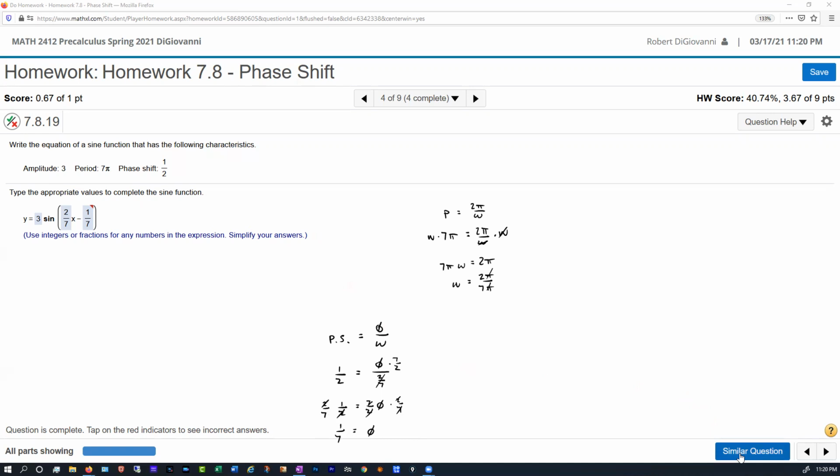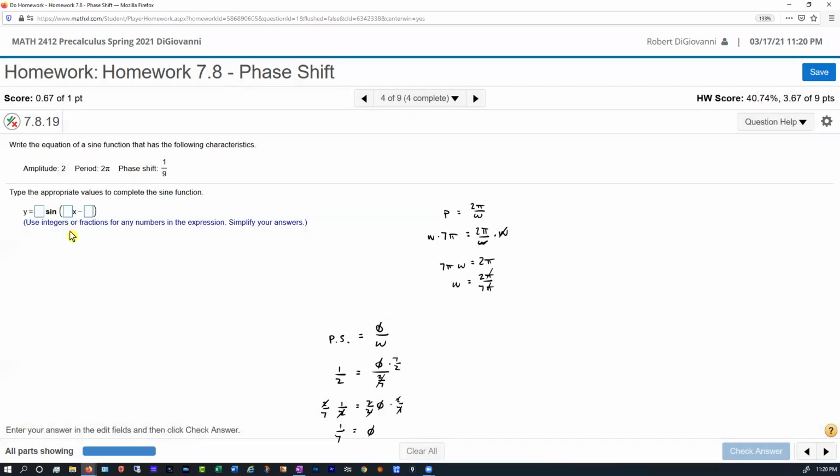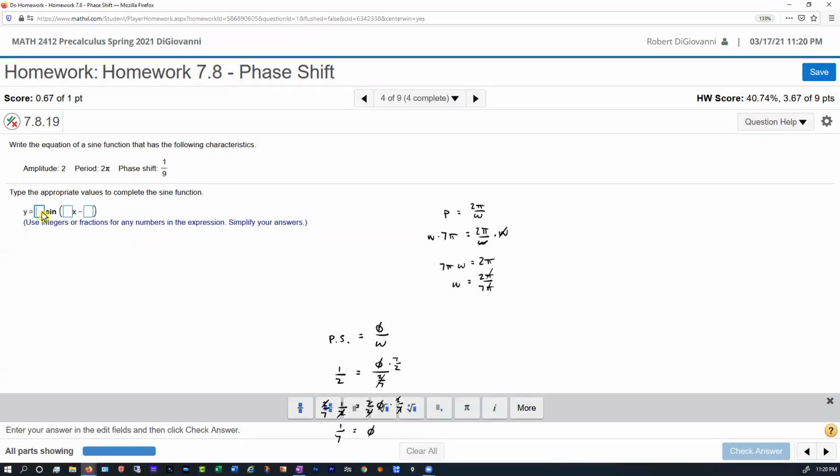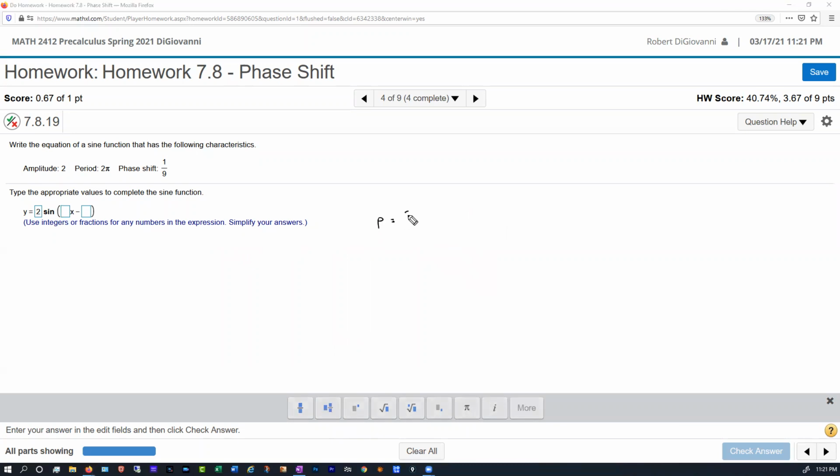All right, let's do a similar question. Amplitude 2, period is 2 pi. That's a little easier, because the period is always 2 pi over omega, and they're telling us the period is just 2 pi.